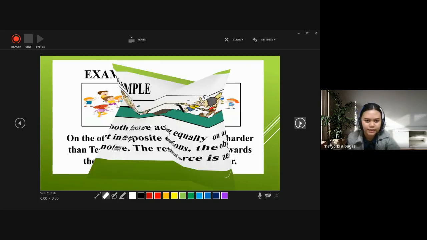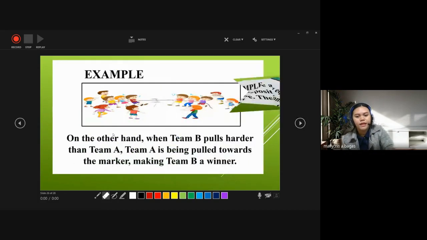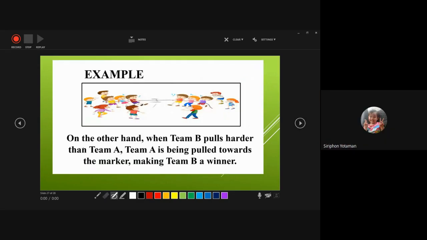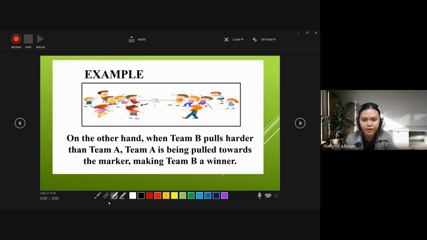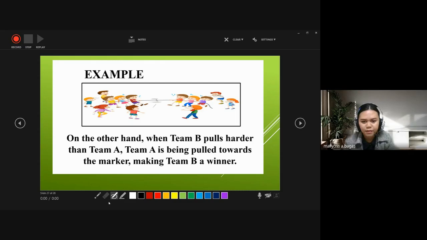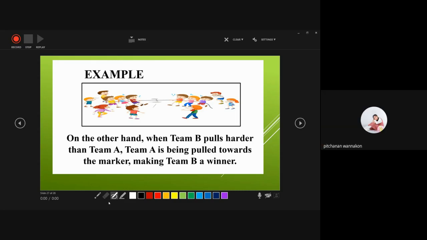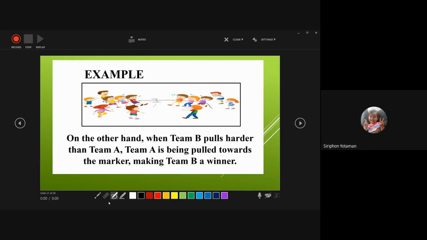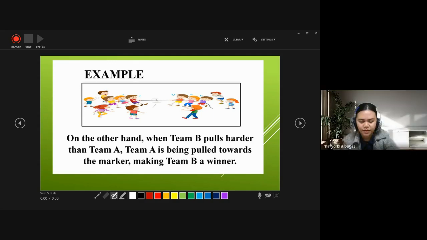Okay, next. On the other hand, can you read? On the other hand, when team B pulls harder than team A, team A is being pulled toward the marker, meaning team B is the winner.